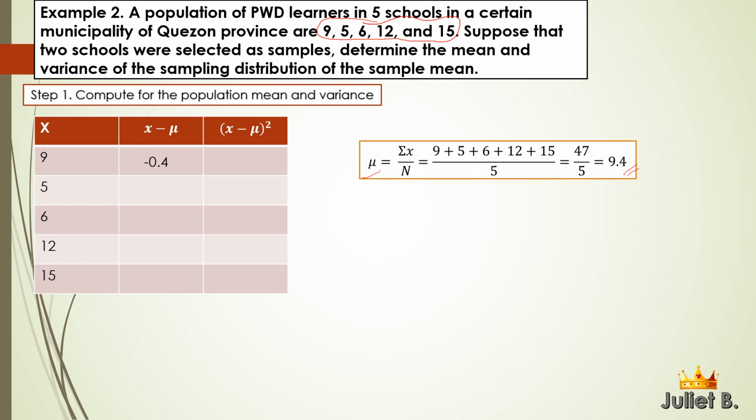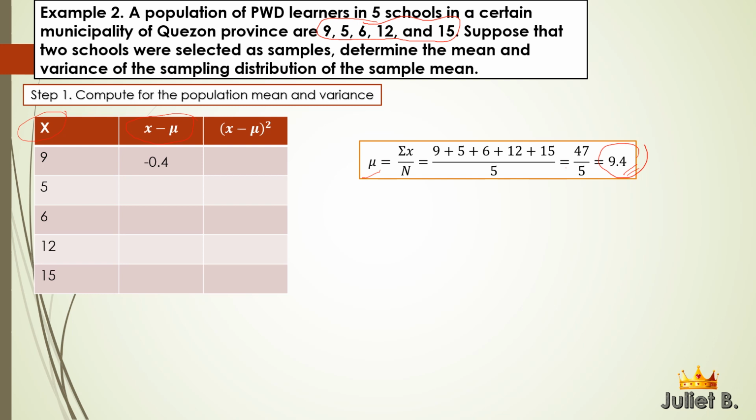So that is our mean. Then, we will now proceed to finding the variance. For the variance, let's put it in tabular form. In the second column, we list down x, which is the population: 9, 5, 6, 12, 15. The next step is x minus mean. Our mean is 9.4.